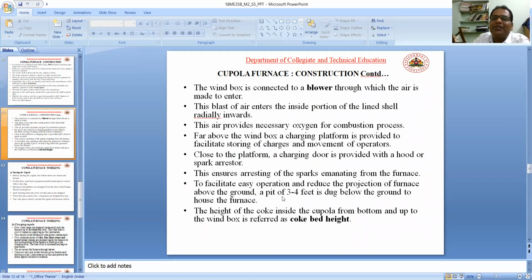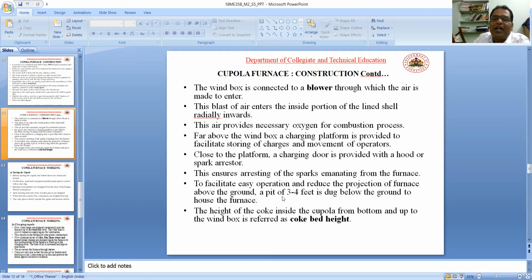The wind box is connected to the blower through which air is made to enter. This blast of air enters the inside portion of the lined shell radially inward. This air provides the necessary oxygen for the combustion process. Far above the wind box, a charging platform is provided to facilitate storing charges and movement of operators.